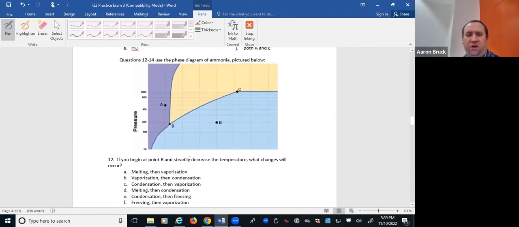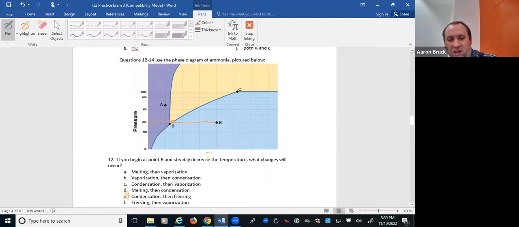So 12, 13, and 14 involve this phase diagram. If you begin at point B and steadily decrease the temperature, remembering that this axis is temperature, we need to go this way. What are we going to see? Well, we're going to see a little bit of condensing, and then a little bit of freezing.